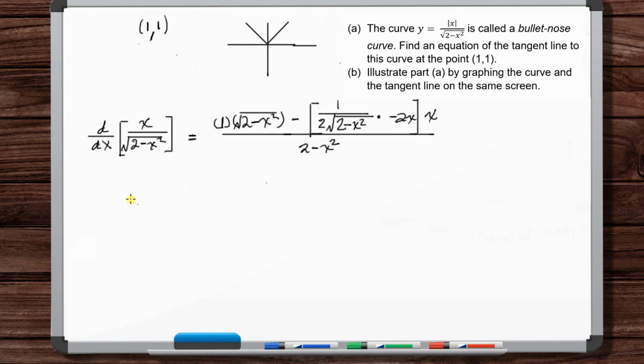Okay, so let's simplify. We've got 2 minus, so this turns into a plus actually, x squared over.